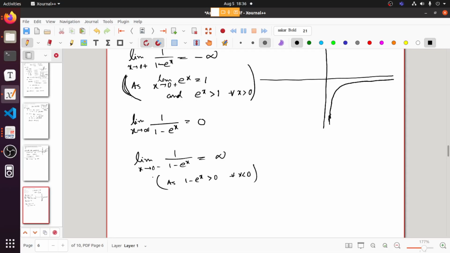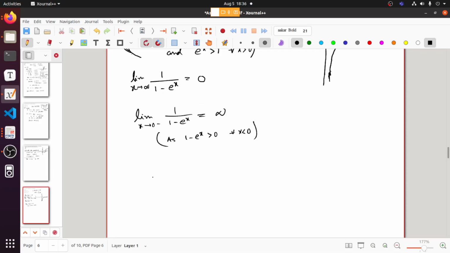So as x tends to 0 minus, it goes to infinity, and look at what happens when x tends to minus infinity. As x tends to minus infinity, e to the power x goes to 0, right? So overall the function goes to 1. So as x tends to minus infinity, it goes to 1, and as x tends to 0 minus, it goes to infinity.